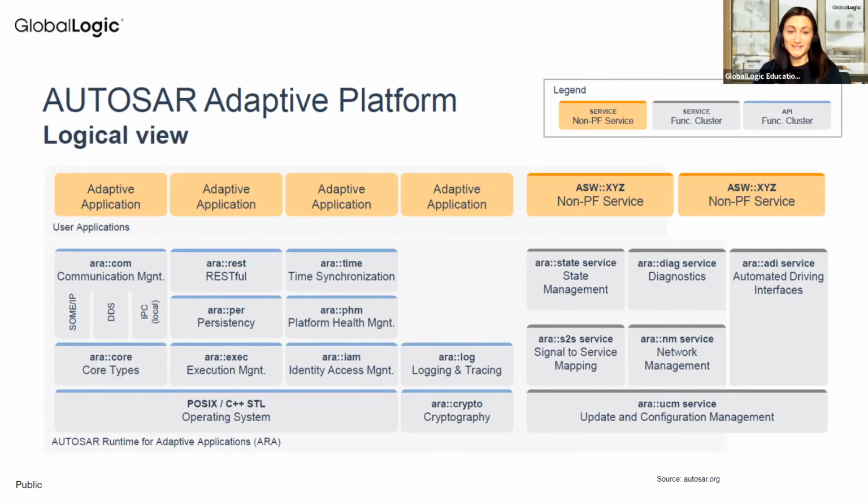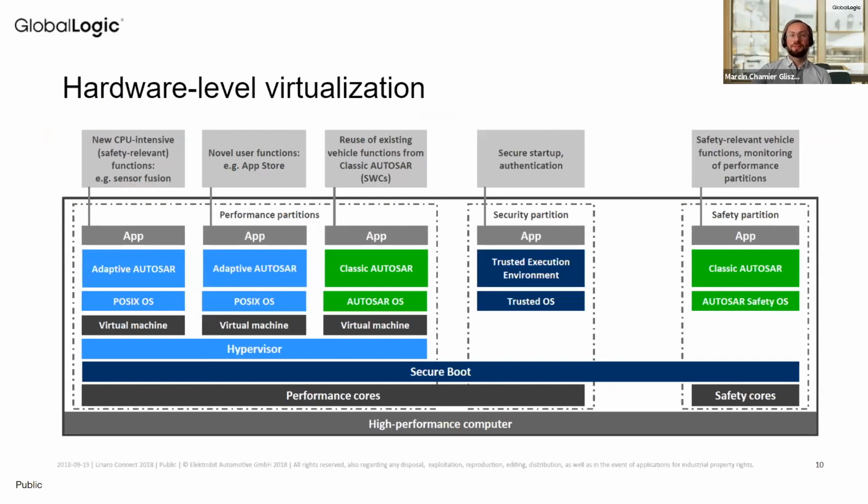Another question appeared. We have 8 at the moment. Why do we need a hypervisor in the AR platform? We could say we do not need it.